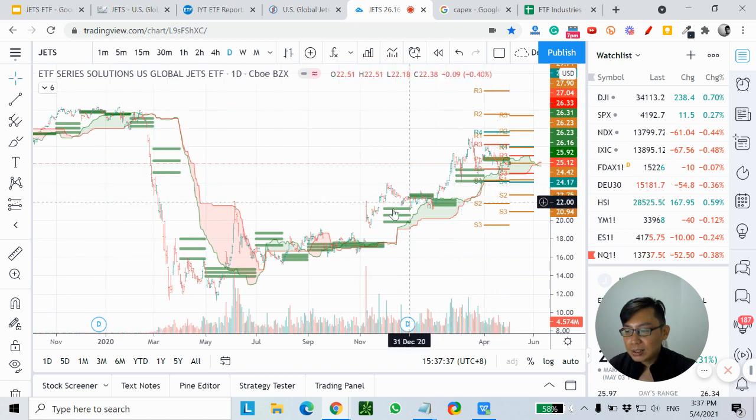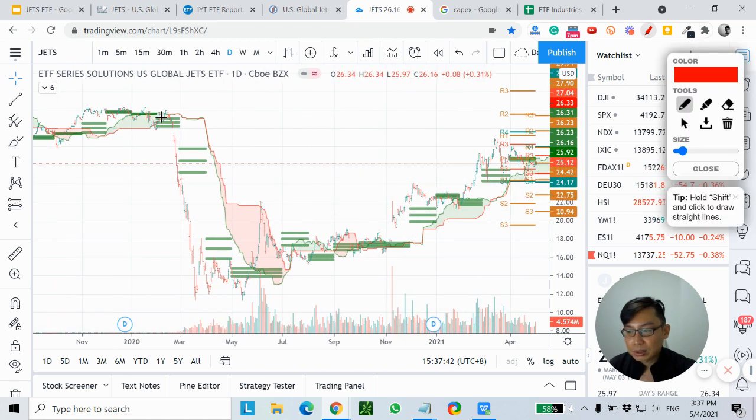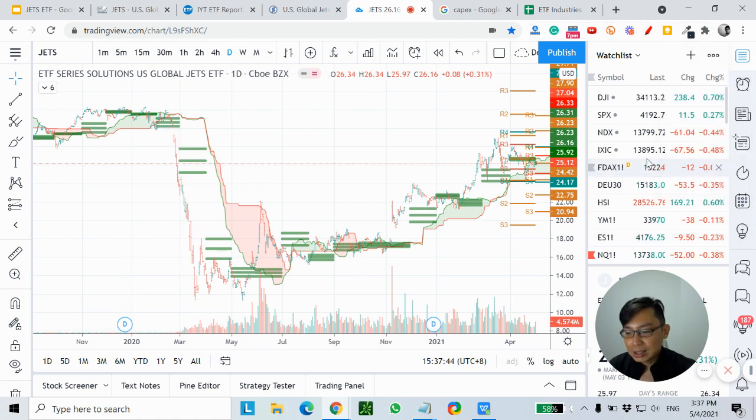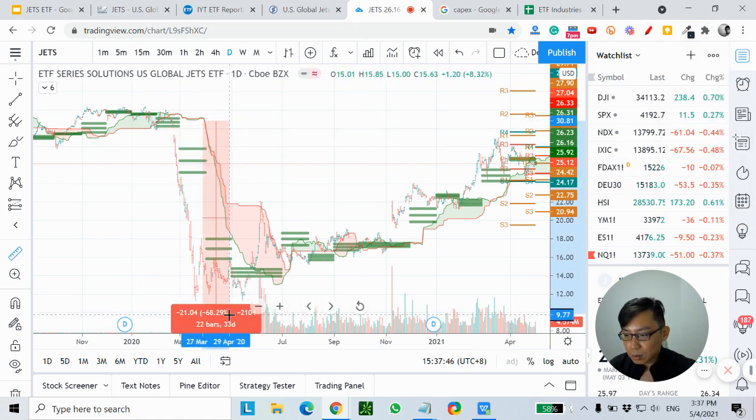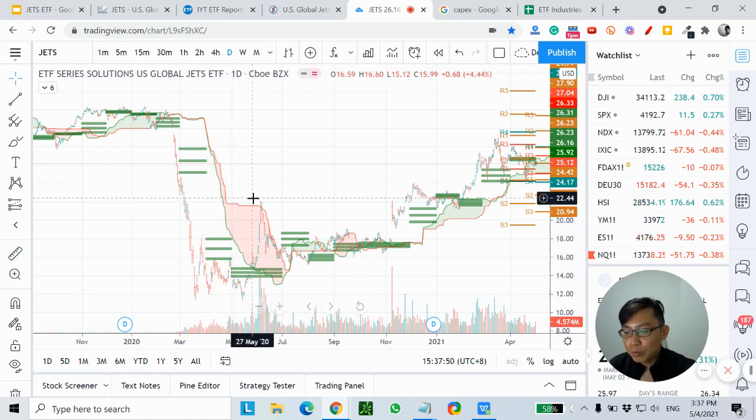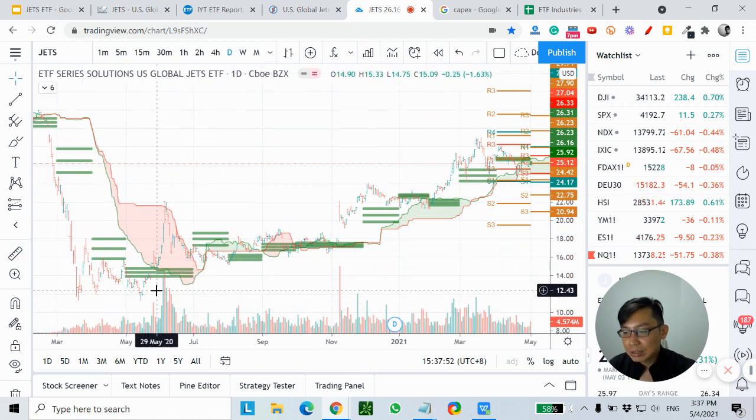Ever since the COVID sell-off, you can see there was a crash over here. Price actually did drop near 60% plus. After the COVID crash, price eventually recovered. When price is above the cloud, this is what I call an uptrend.